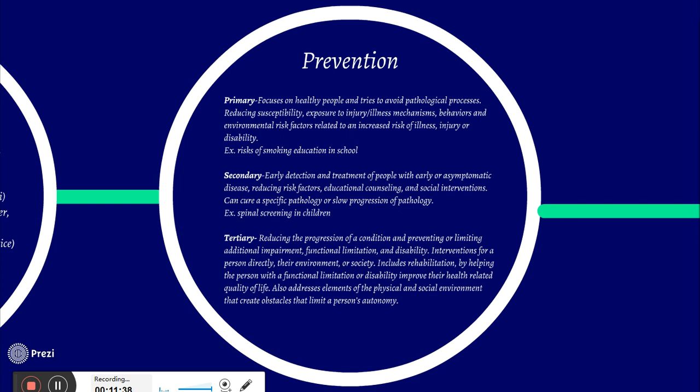This is one area that I work in with rehabilitation as an athletic trainer, trying to help people improve their health-related quality of life. It can also address not only the person, but also the physical and social environment that create obstacles that limit a person's autonomy, giving people the ability and adjusting for societal issues that restrict their freedom. So primary, secondary, and tertiary prevention strategies: try to remember those as we go forward.